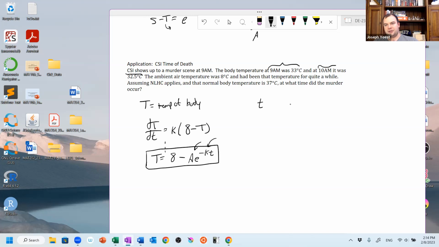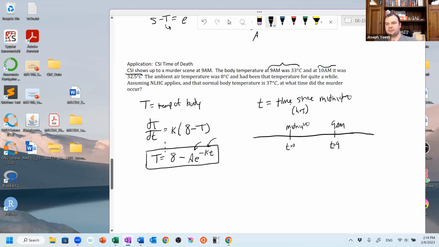So the first thing is we have to index T, index little t. Let's let little t be the time since midnight in hours. And we have t equals 0 at midnight. t equals 9 is 9 a.m. 10 a.m. is t equals 10.